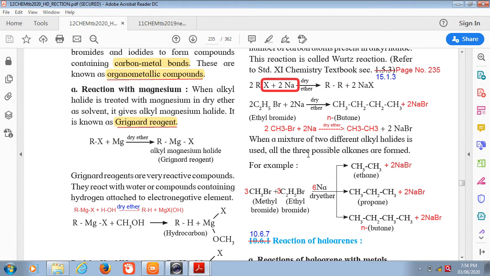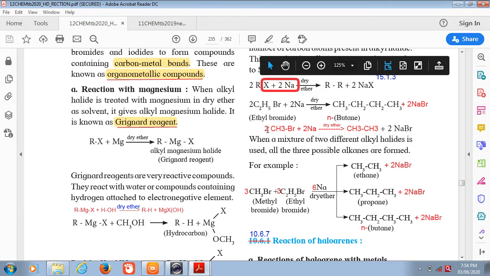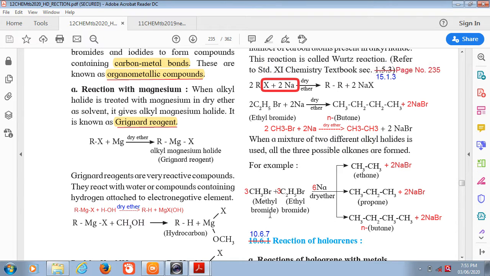So if you choose only one alkyl halide, then we get a higher alkane having double the carbon of your alkyl halide. So we get even number of carbon alkanes. But when we have to prepare odd number alkanes such as propane, then we have to choose two different types of alkyl halide. One is CH3Br, methyl bromide, and another is ethyl bromide.